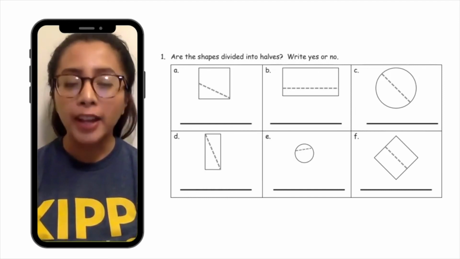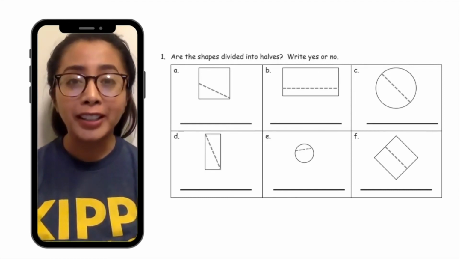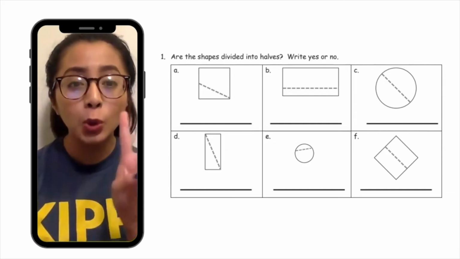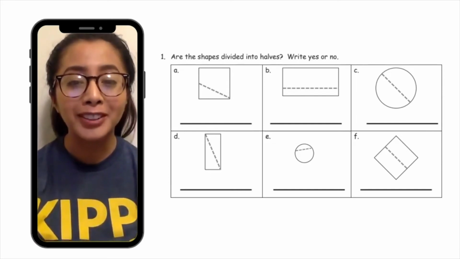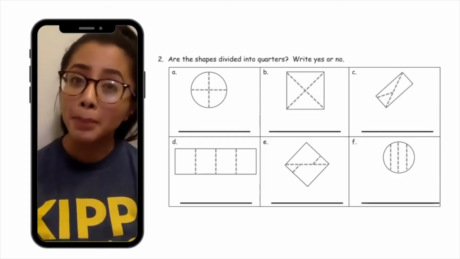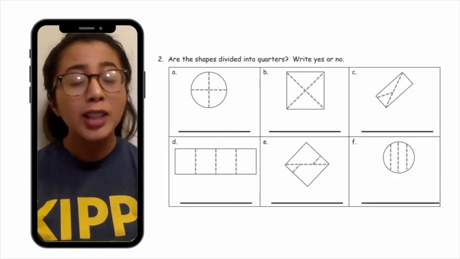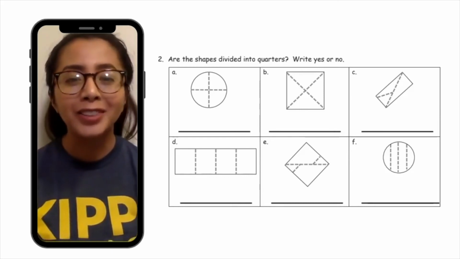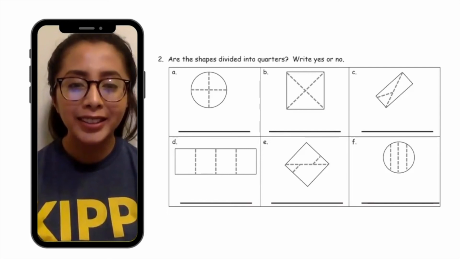And looking at letter F, is this shape divided into halves? Yep, it is, because it has two equal parts. The parts are the same size. For sharing, some people would get a bigger piece than others. So this pizza or this shape is not divided into quarters.